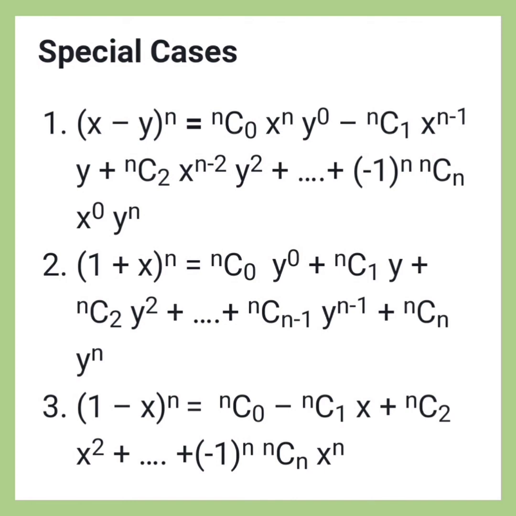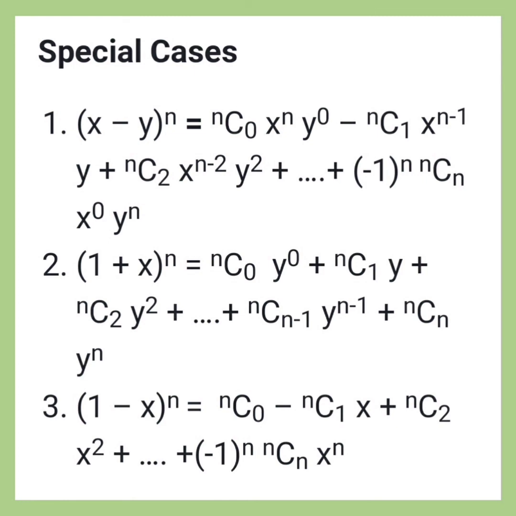Now, in the case of (1 + y)^n, you will get nC0 y^0 plus nC1 y plus nC2 y squared plus etc., plus nC(n-1) y^(n-1), that is the last but one term, and the final term will be plus nCn y^n.